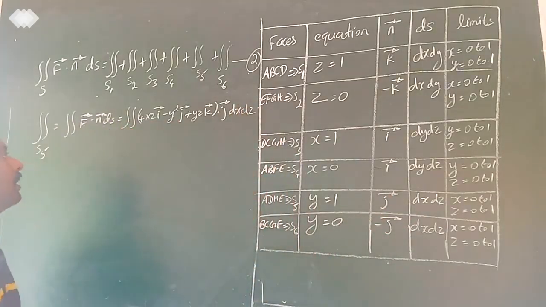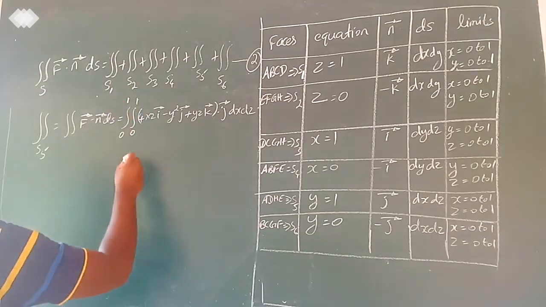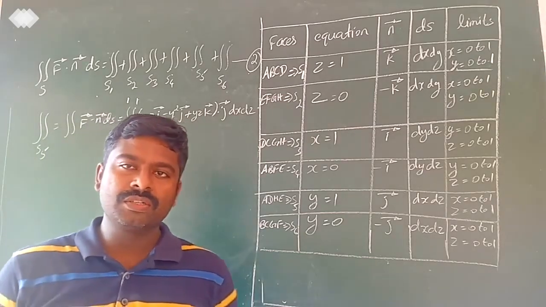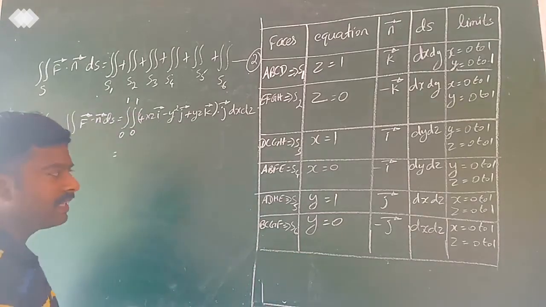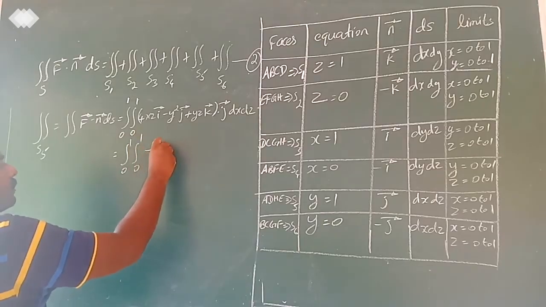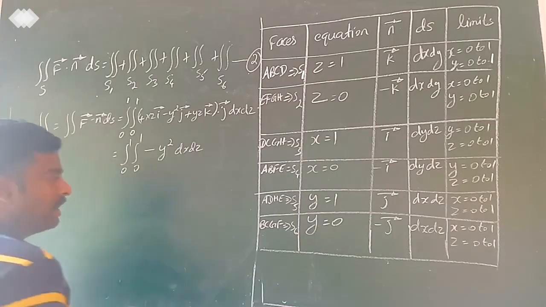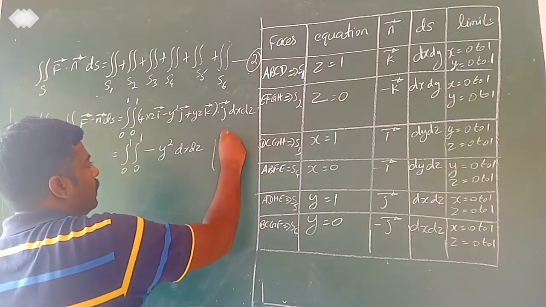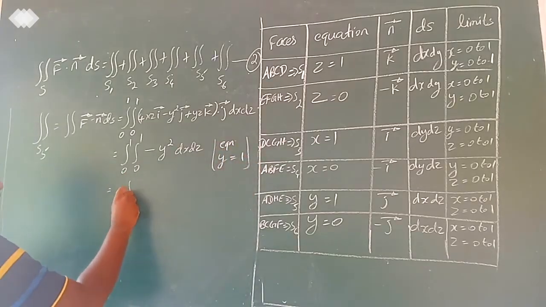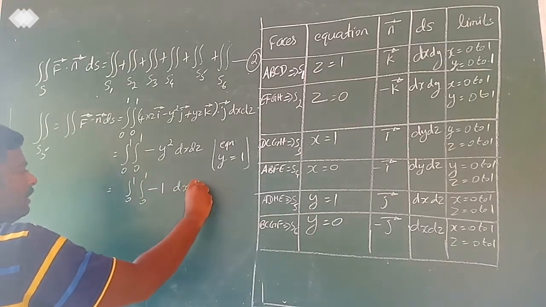So here the limits of x are 0 to 1, and limits of z are 0 to 1. So i vector dot j vector equals 0, j vector dot k vector equals 0, but j vector dot j vector equals 1. So the final term will become minus y squared dx dz. But in this equation y equals 1. Therefore, this will become the integral from 0 to 1, 0 to 1 of minus 1 dx dz.